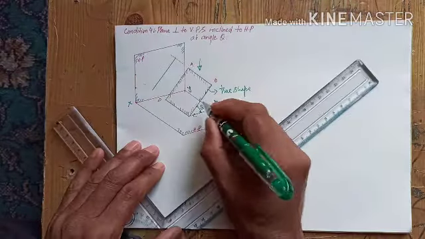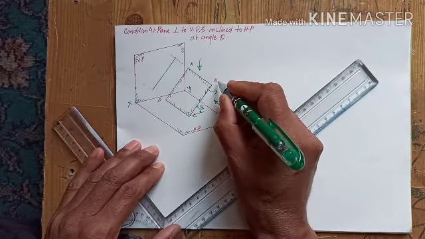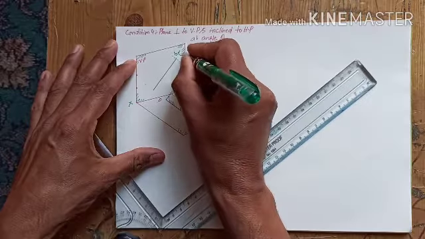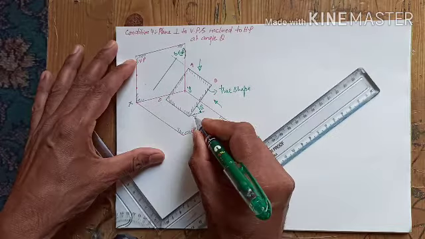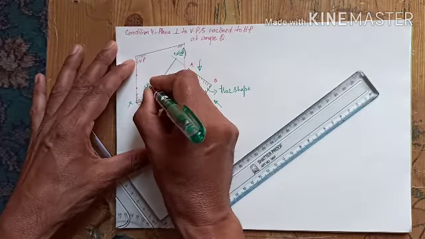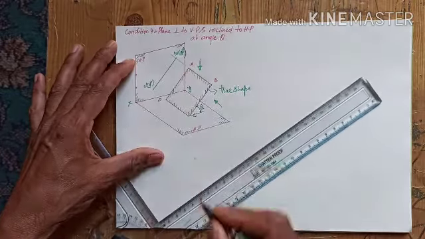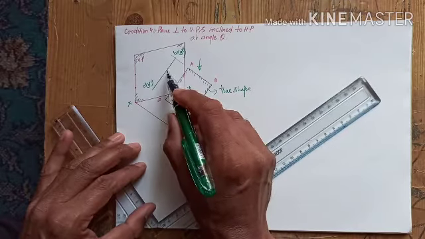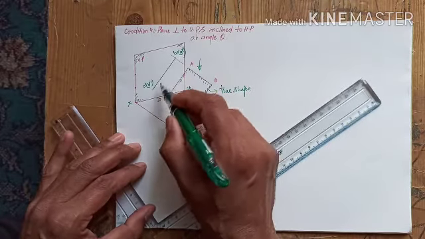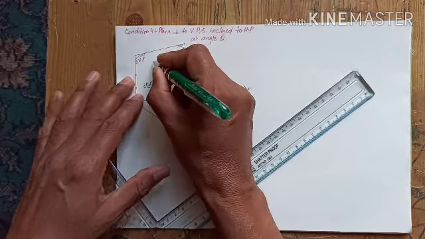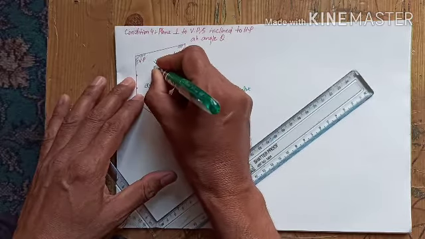If I see it from the front, I can see B prime and A prime, and the bottom end will be C prime and D prime. Since this plane is intersecting the vertical plane, it is also a trace, that is, a vertical trace.